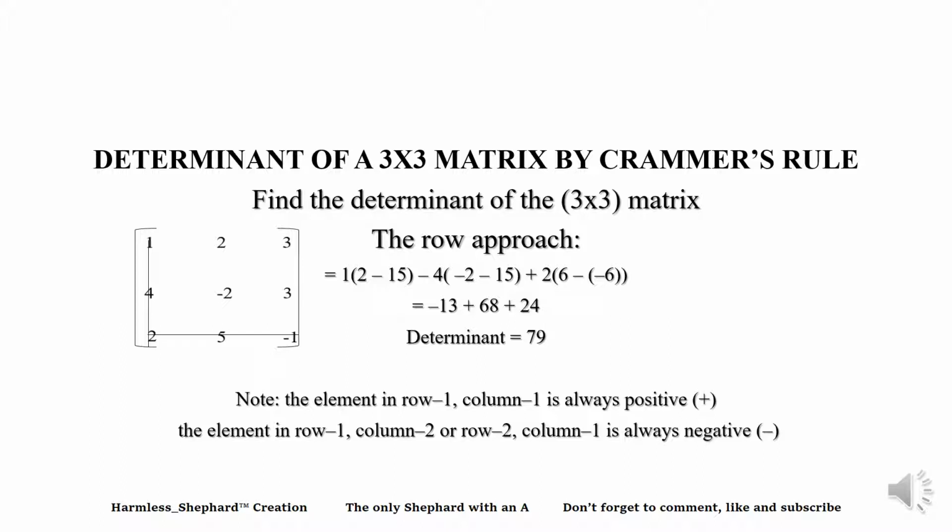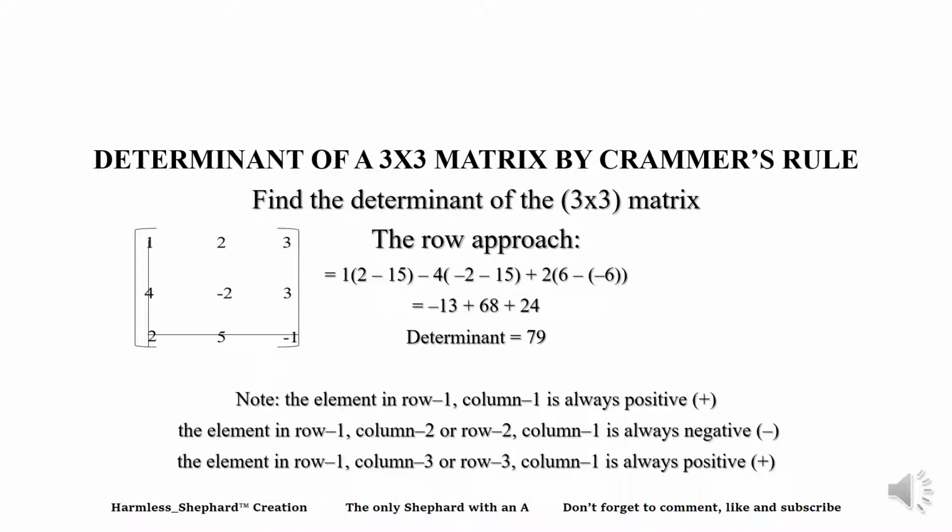You see that you put negative there before the 4. And if you also check the column approach, when we strike row 1 column 2, the negative sign comes before the 2. You can rewind the video and see that.